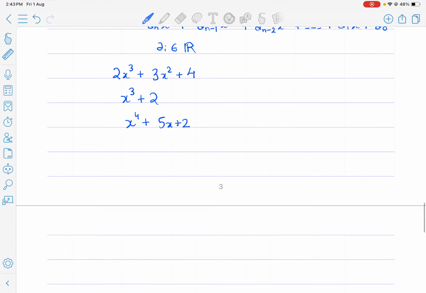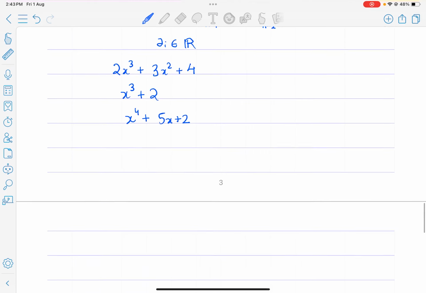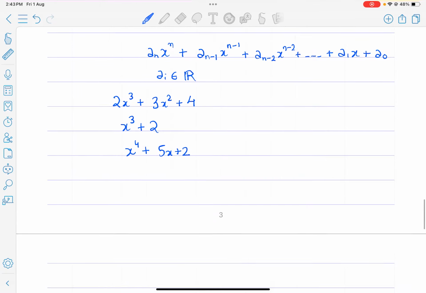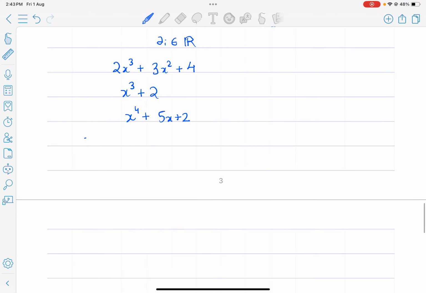Now how do we form a vector space? What will we take as our addition? Let's say this is my first polynomial, a_n x^n and so on, a_1 x plus a_0, and this is my second polynomial.